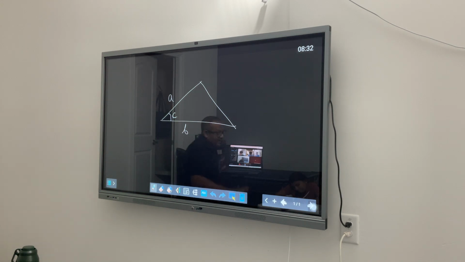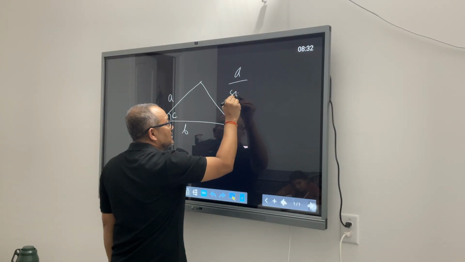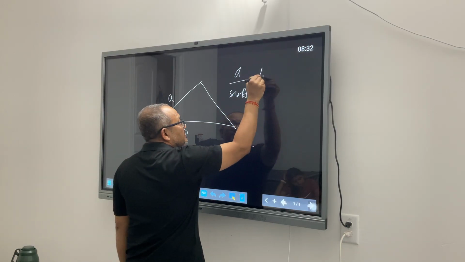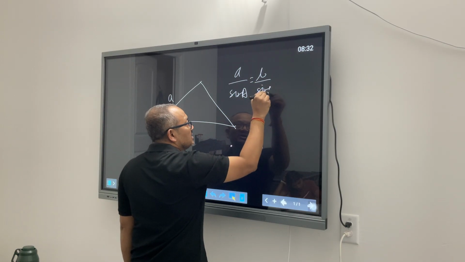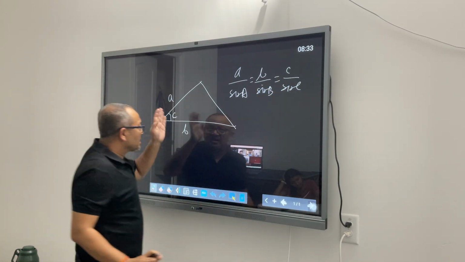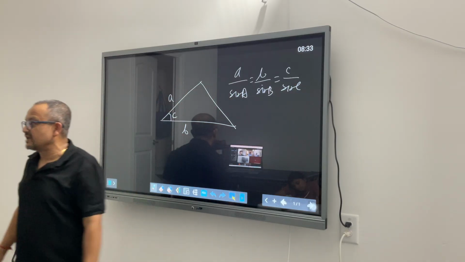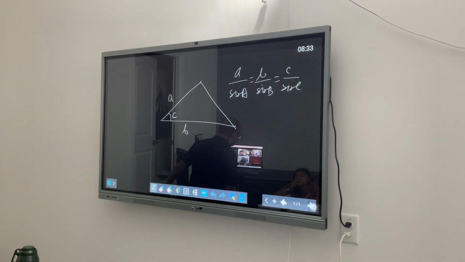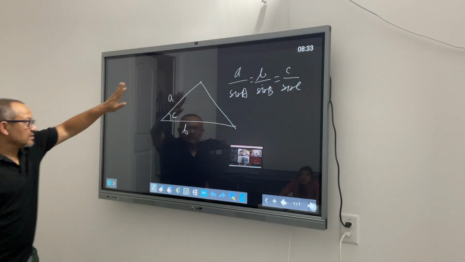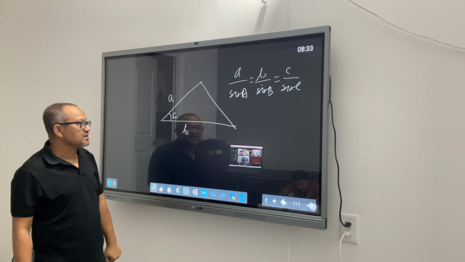I have given you the formula, right? A by sine A equal to B by sine B equal to C by sine C. Right now I am not asking you to solve it. I am just saying that this is the formula we already have. It says if you know any two sides and one of the angles, you can find the other angle and other sides. And here, this is one side given to us, this is another side given to us, and the angle between the two sides is given to us.